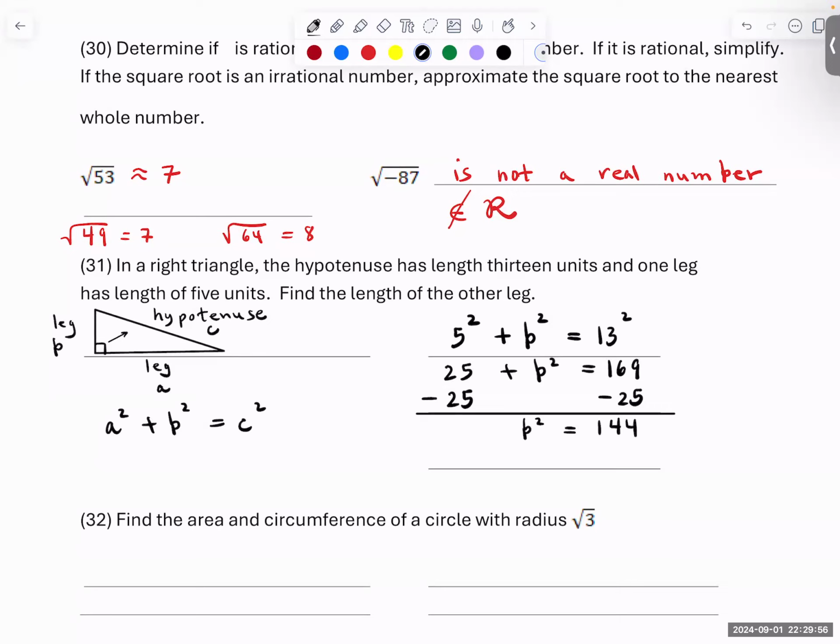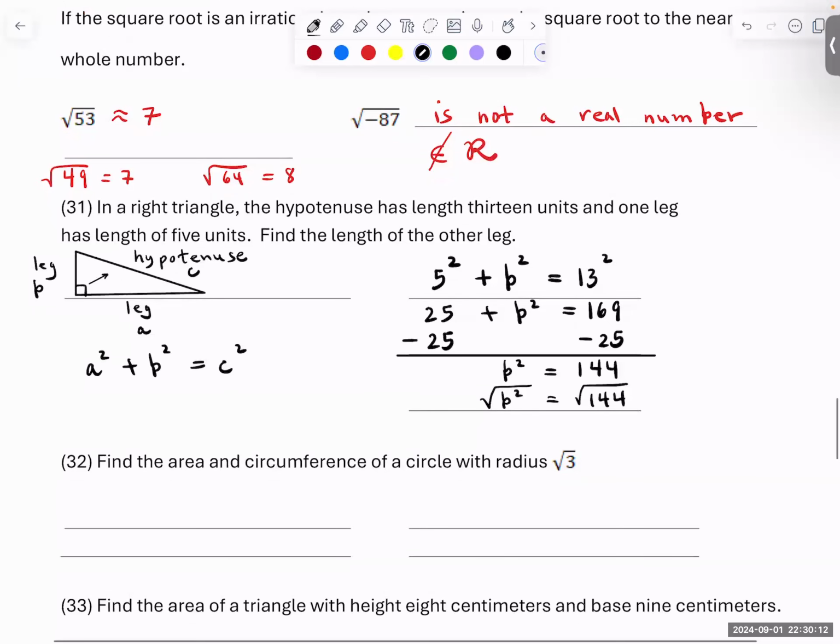Now there's 2 solutions for B. And when we take the principal square root of both sides, we have a technicality that the square root of B squared is always non-negative. So you're going to have absolute value bars around the B equals 12.